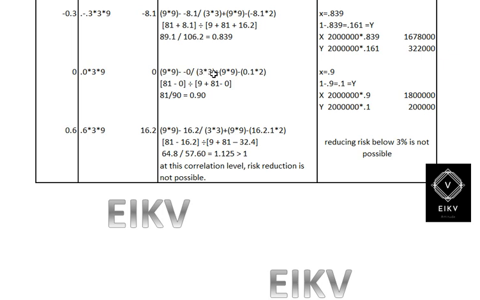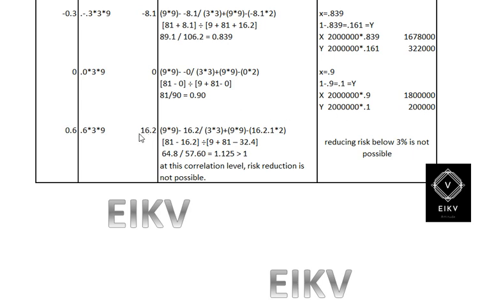Therefore the formula would be 9 into 9 minus 0, divided by 3 into 3 plus 9 into 9 minus 0 into 2, which gives 0.9. If X is 0.9, then Y is equal to 0.1. Therefore the proportion will be 18 lakh and 2 lakh.